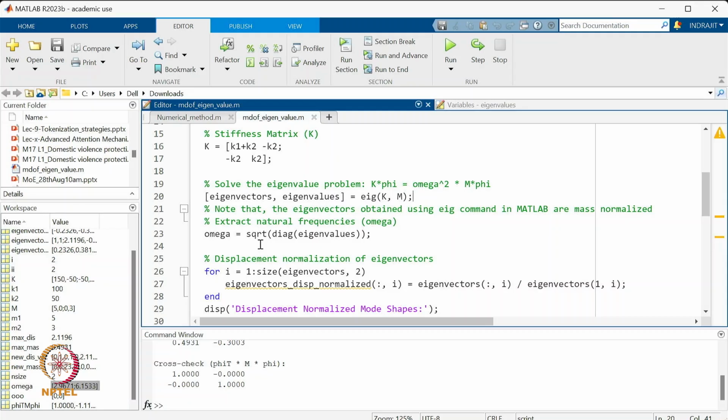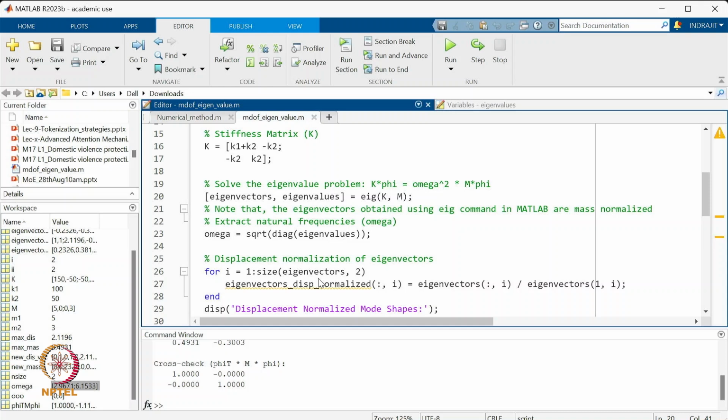Okay, good. Now we are checking the displacements, and the first case is the normalization of the eigenvectors. Once we normalize the eigenvector, we normalize it in terms of displacement.